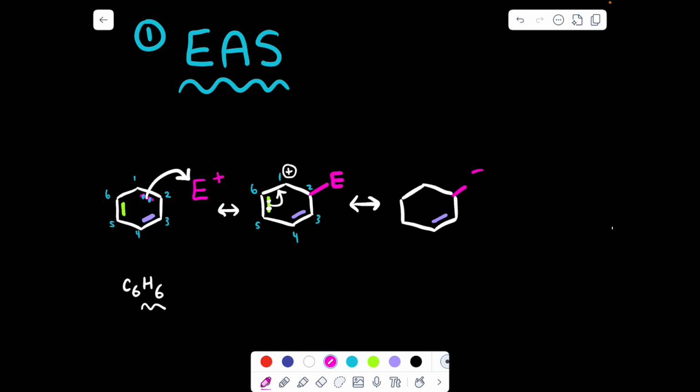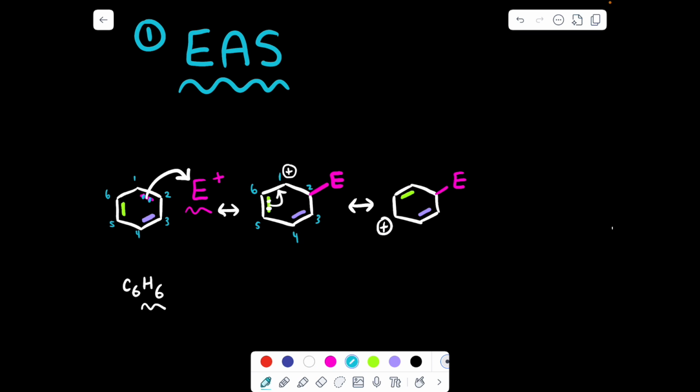Carbon number 2 still has a bond to the E, and E is just some group that was cationic. It could be any cationic group. And the green pi bond that was originally in between carbons number 5 and 6 is now in between carbons 6 and 1. So that means carbon number 5 lost an electron, and it is now cationic.